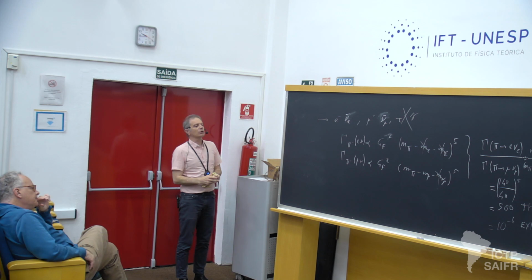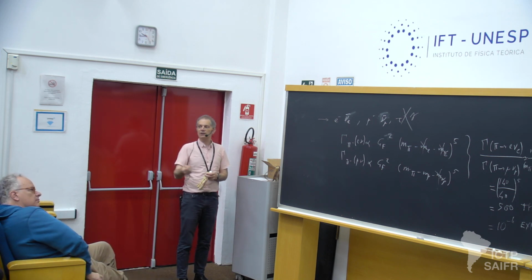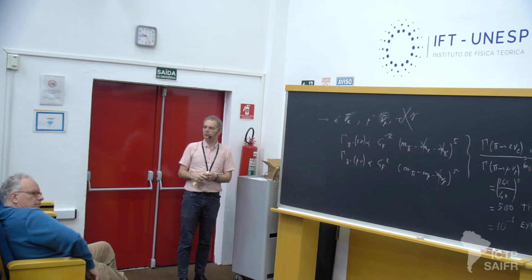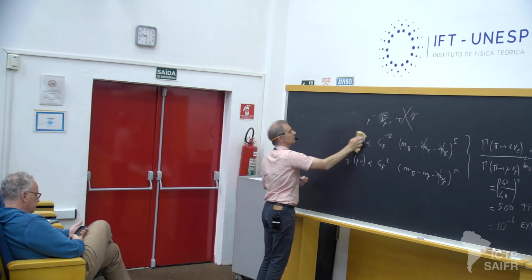But we are going to see that giving a vacuum expectation value to the X field actually generates the mass of the W in a way which is consistent with the symmetry of the Lagrangian.